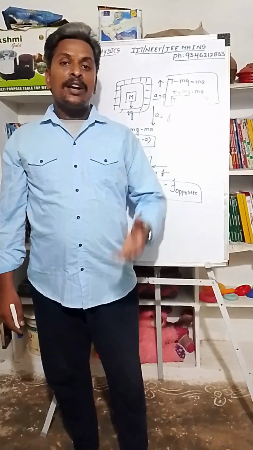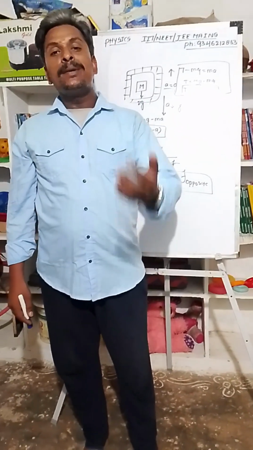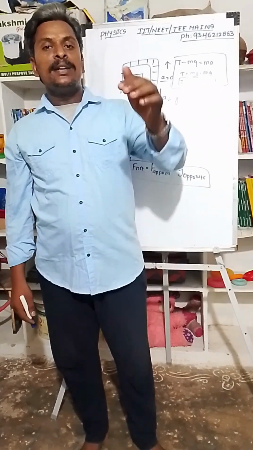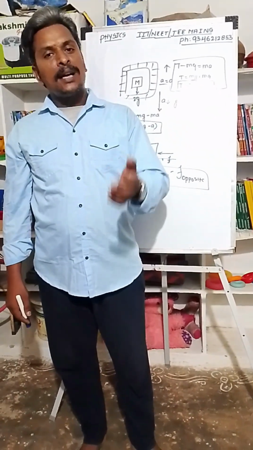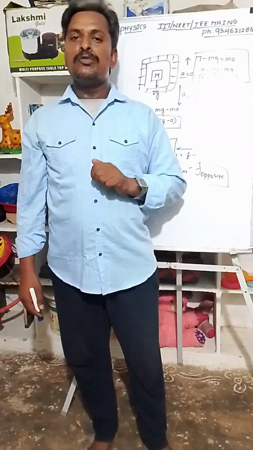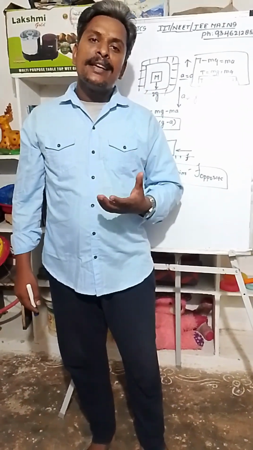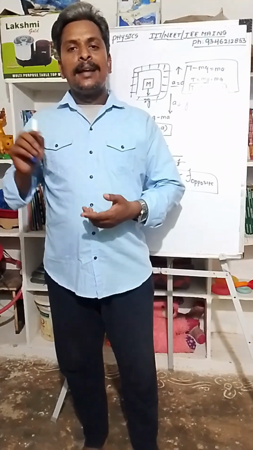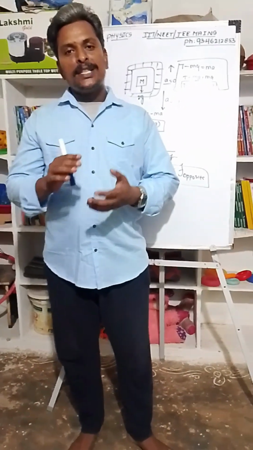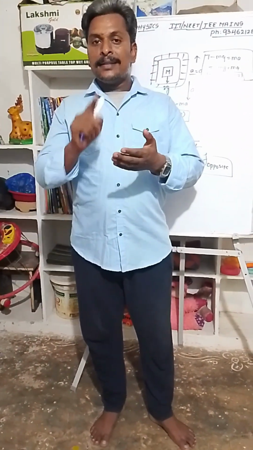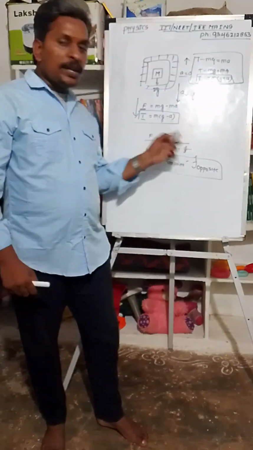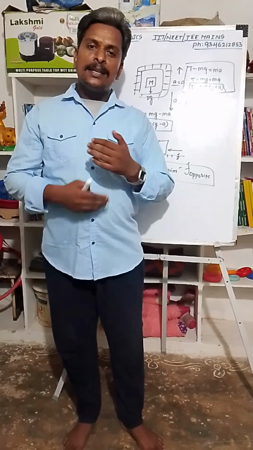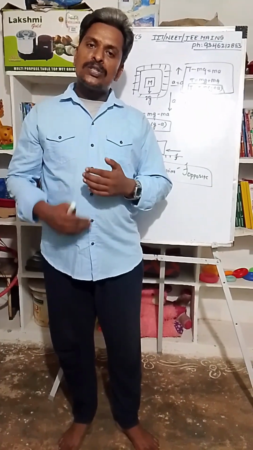Whenever the object is moving up, for a person in the presence of a lift, the weight completely acts in the downward direction, because weight is always in the downward direction vertically. So the person feels as if the weight is moving in the upward direction, because the lift is moving away from the gravity. When the lift is moving in the downward direction, it is nothing but free falling. That is nothing but being attracted towards gravity.